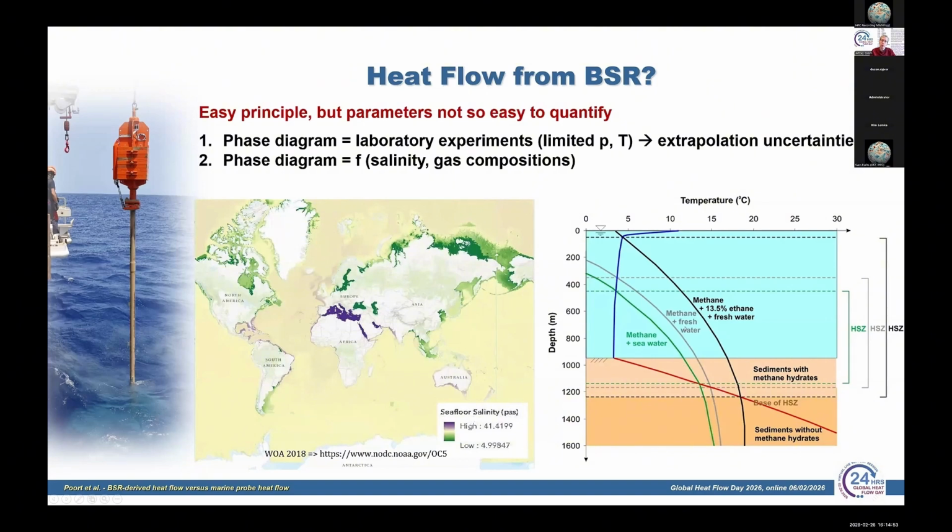Then if you change the composition of the gas and you don't only consider methane, but there is also ethane in your gas system in the sediment, you can have a very big shift. So any addition of higher carbon gases can strongly shift this phase diagram limits. So very important to consider.